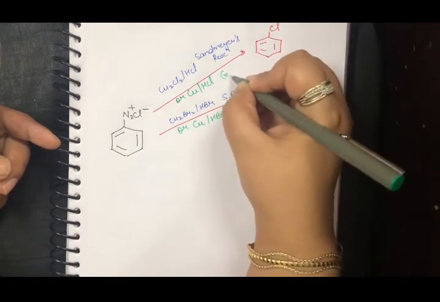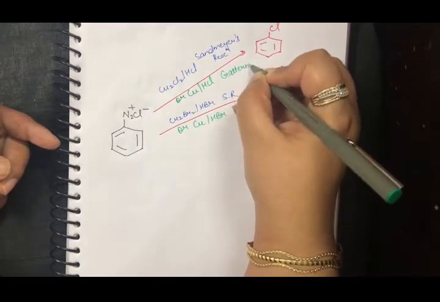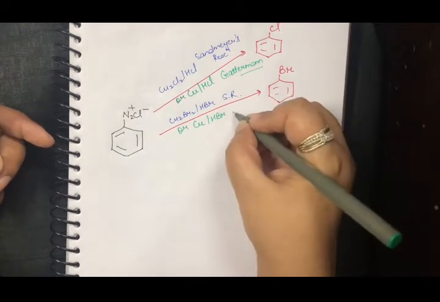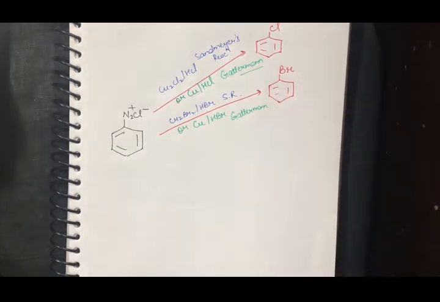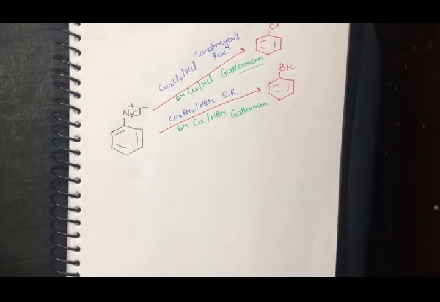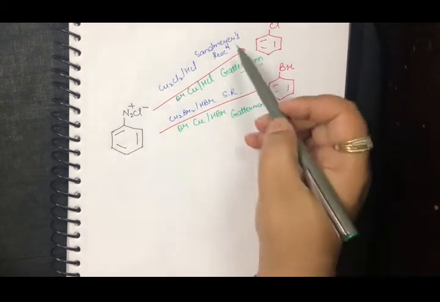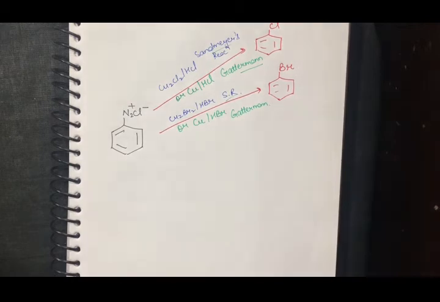This particular reaction is called as Gattermann reaction. And let me just tell you that the products, the chlorobenzene and bromobenzene obtained from Sandmeyer's is a better option, as it gives you a better yield than the Gattermann.